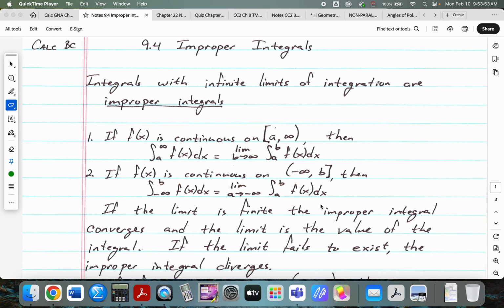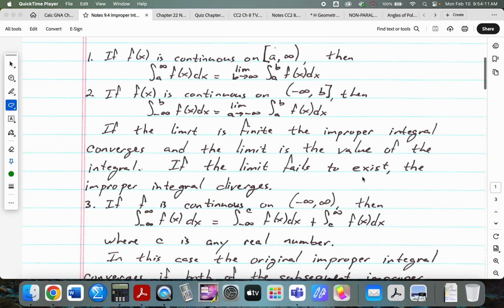If the limit fails to exist in either of these cases, we say that the improper integral diverges. And remember, fails to exist can be because it oscillates, it can be because it goes to infinity or negative infinity. There's all sorts of ways it can fail to exist.